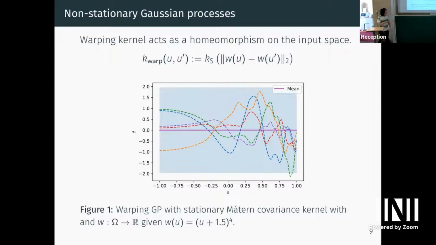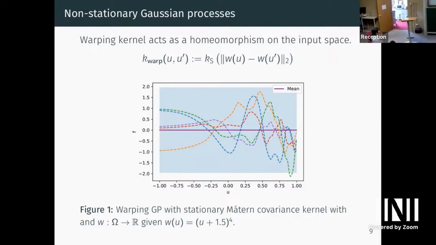Okay, so these are just some examples of how the kernels might work. This is for the warping kernel. This is a domain, and these are just examples; I don't know what real world configuration this would look like. But you can see that if we use this warping function, you can imagine it as squeezing this line up there.